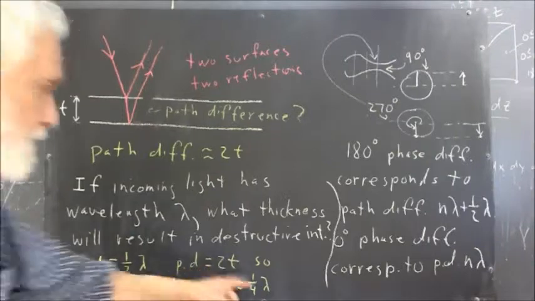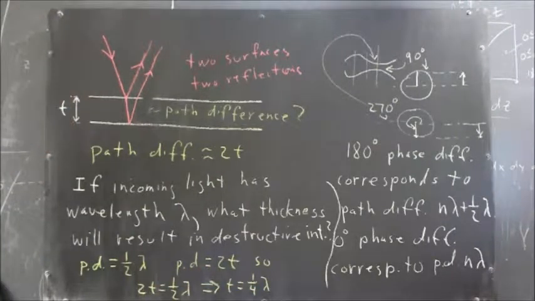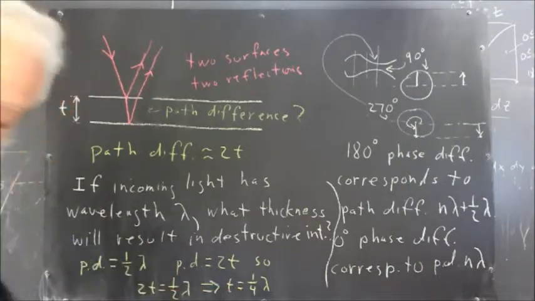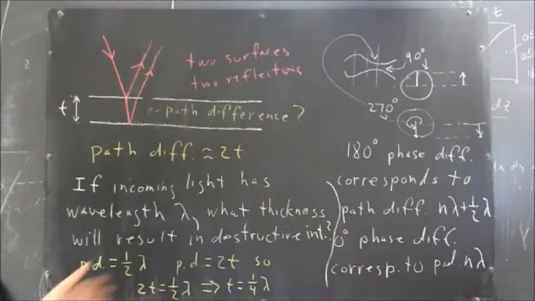Now, the first solution I gave here, and the only one I gave in class, says the path difference should be half a wavelength, and the path difference is 2t, so 2t equals half a wavelength, t equals a quarter of a wavelength. And that's valid if lambda is the wavelength of the light in the material.